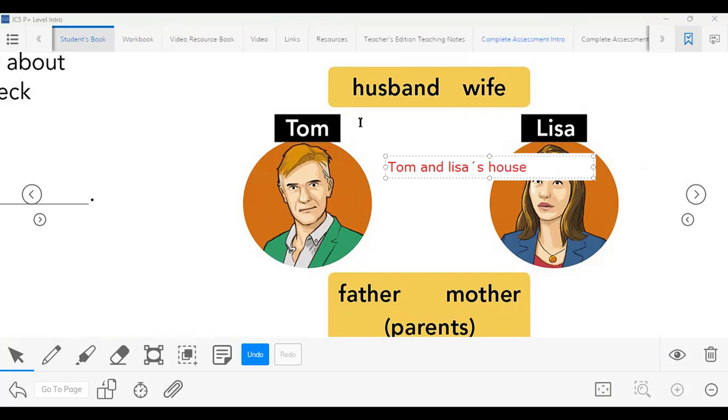You see? When we have two owners. That is something that I want you to notice. It's not here, but sometimes we need to talk about two owners. Dos dueños. It can happen. And that's the way that we're going to use it. Just the last uses the apostrophe S.